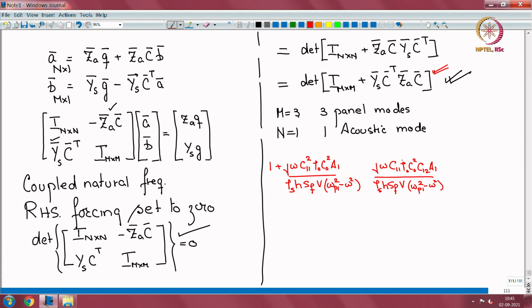So you can see that this was C11 square, this is C11, C12, everything else is same.